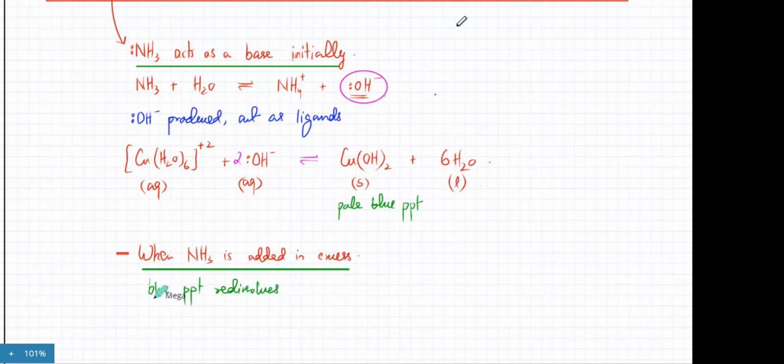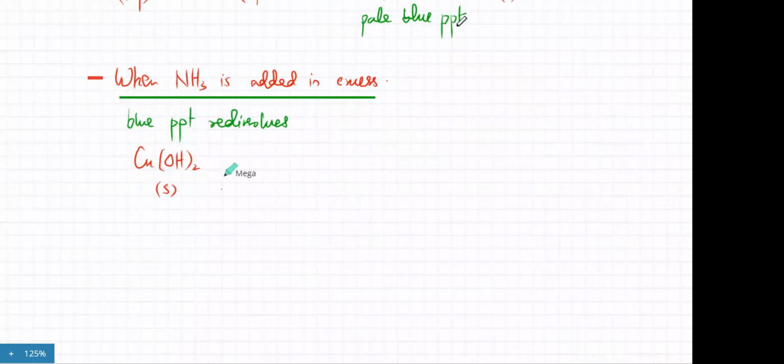So you have this blue precipitate, which is Cu(OH)2, and that's a solid. Now you start adding NH3. And since the NH3 is aqueous, there would be some water molecules as well. This state is going to be liquid.